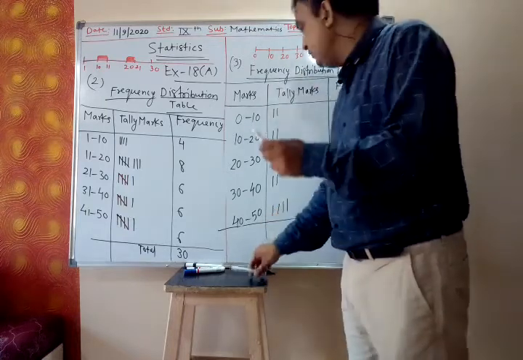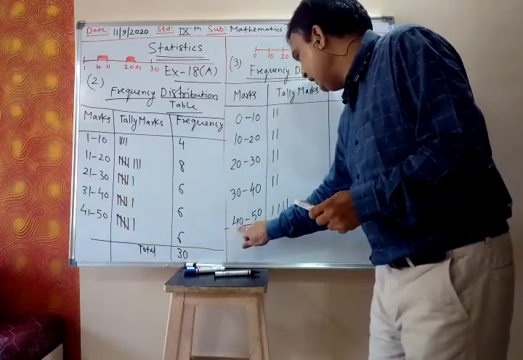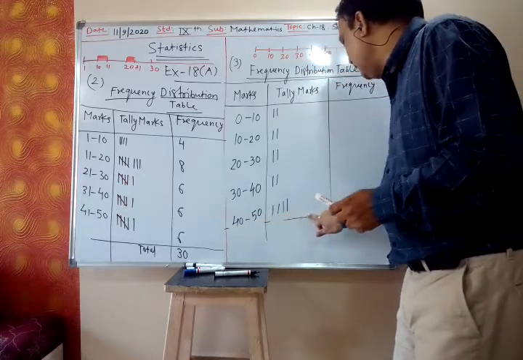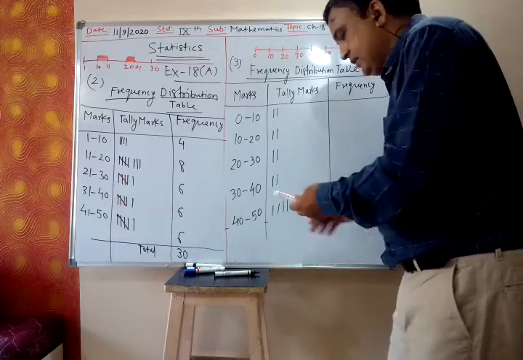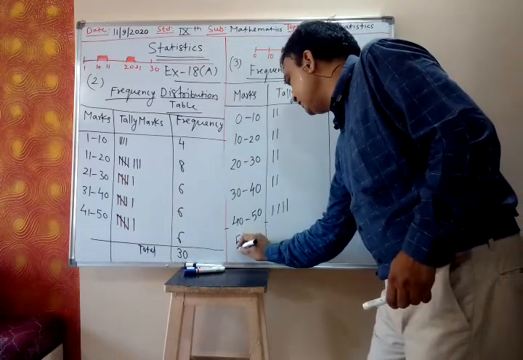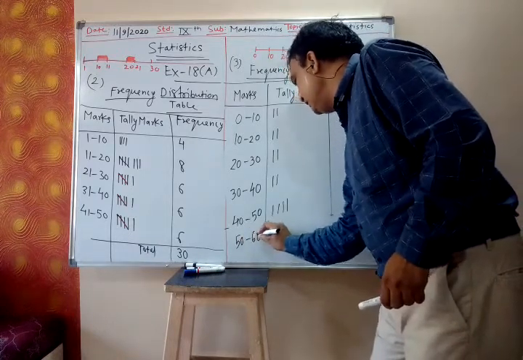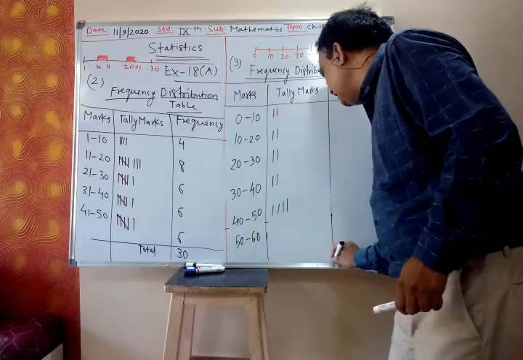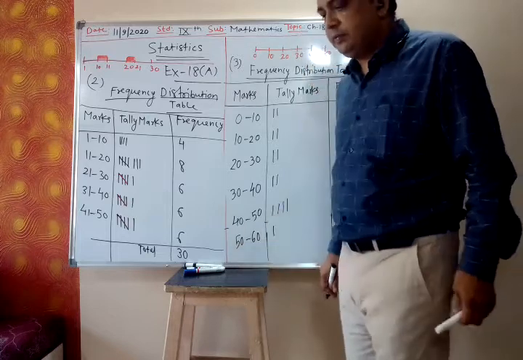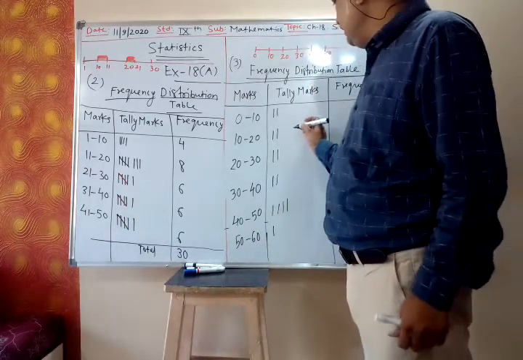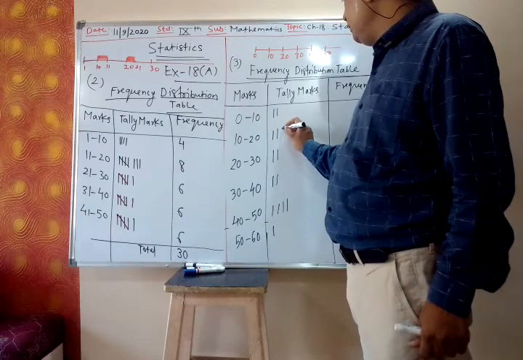Yes, now 50 is also there. So I have to make one more interval, that is 50 to 60, and in that I will write 50, since 50 is in the lower limit. Then 18, 10 to 20, 18.